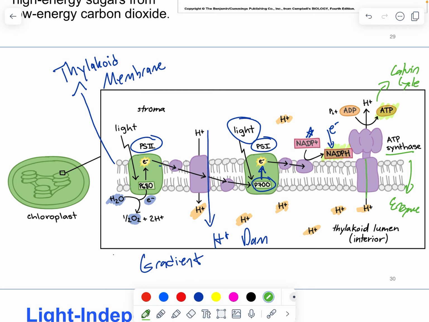And it's going from high to low. So it's flowing downhill, but actually ATP synthase has a place for the hydrogens to flow downhill. And so what happens is this enzyme basically turns as hydrogens flow downhill from high to low. And as it turns, it literally takes a phosphate, inorganic phosphate, and ADP, which has 2 phosphates, and makes ATP, okay?